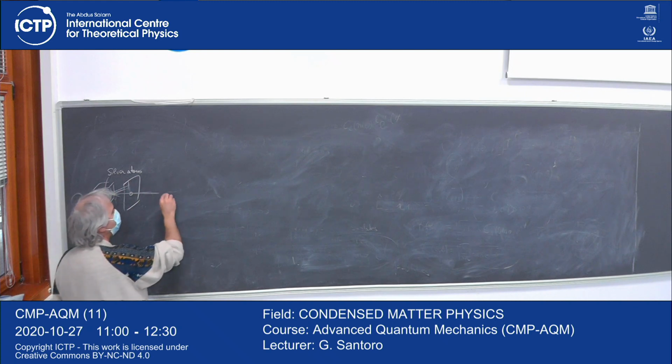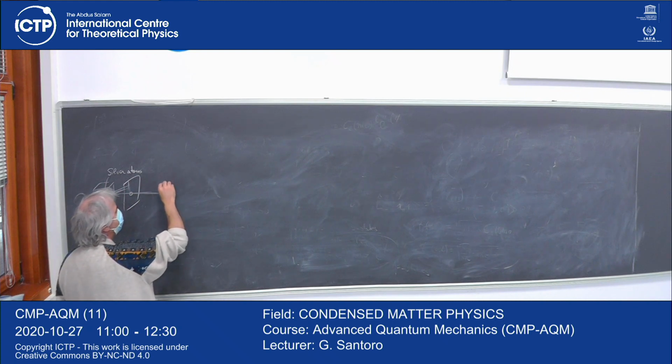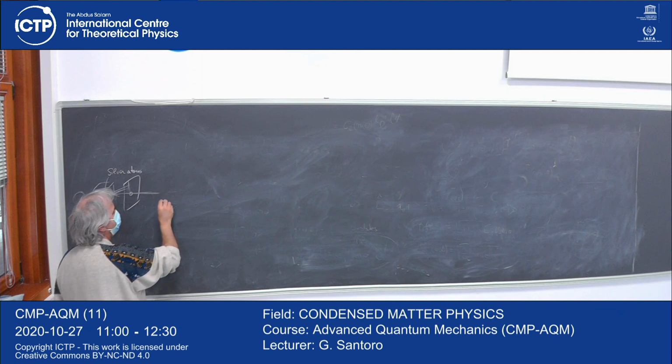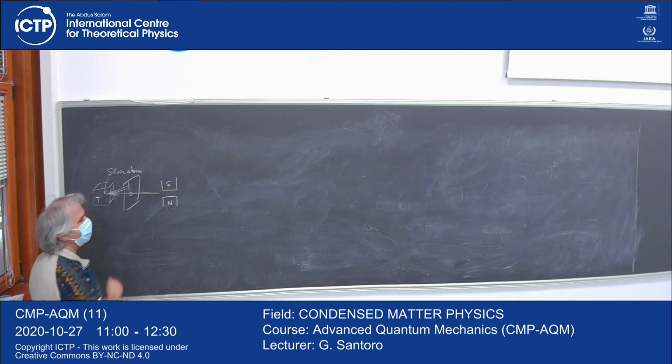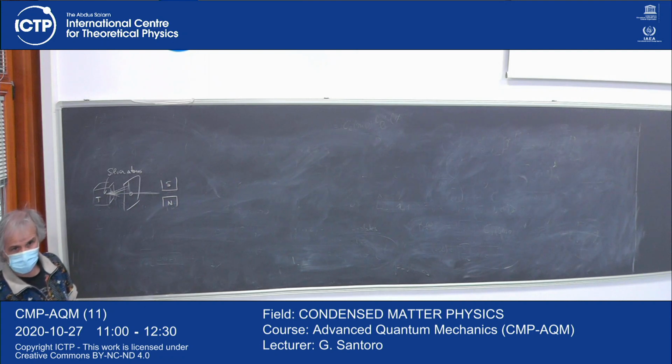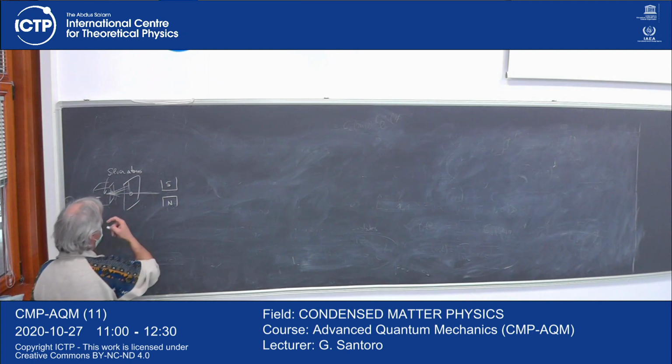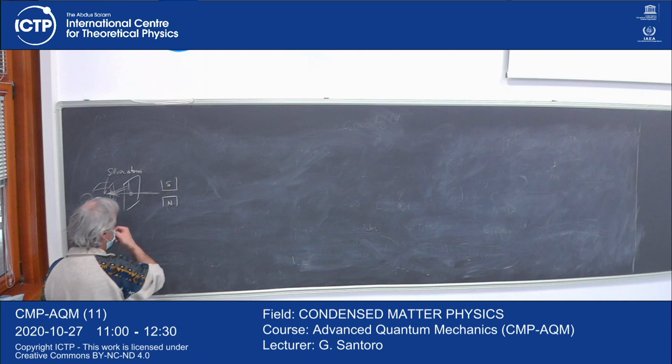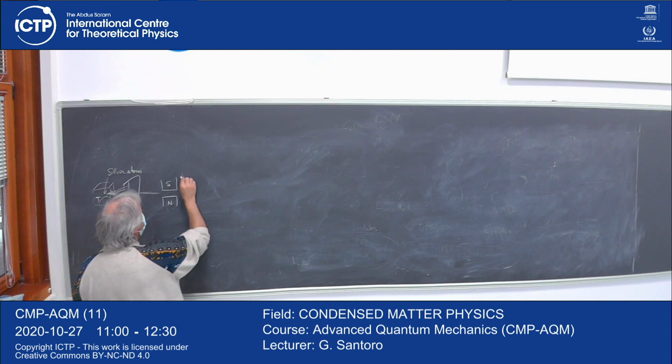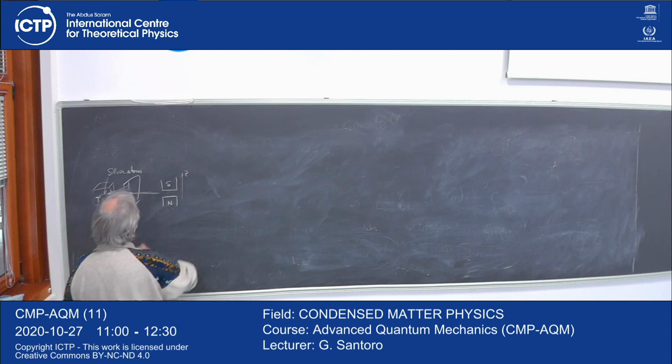And then you put a magnetic field here, okay? So you put two magnets, North Pole, South Pole, okay? In a way that is inhomogeneous, okay? So if I go, say, Z, this axis, okay?